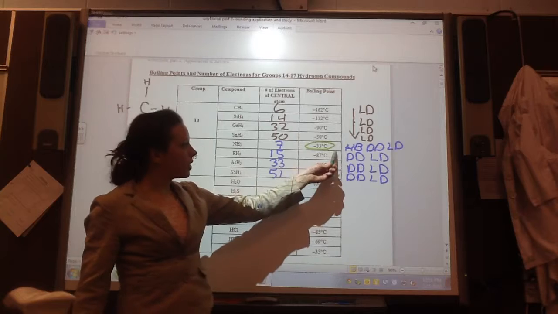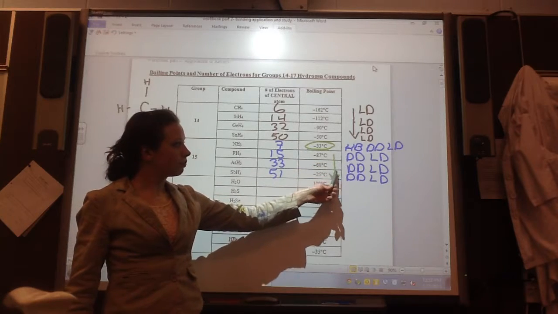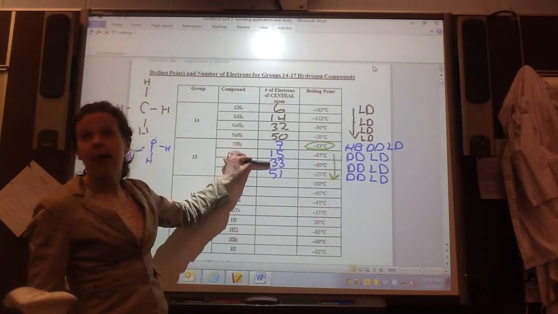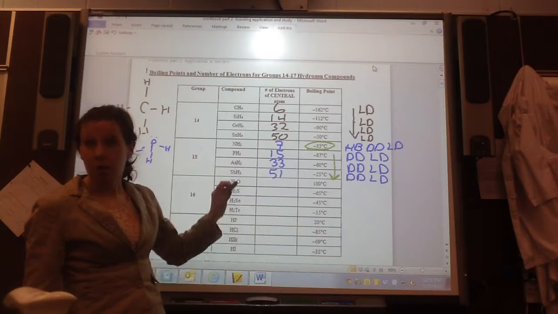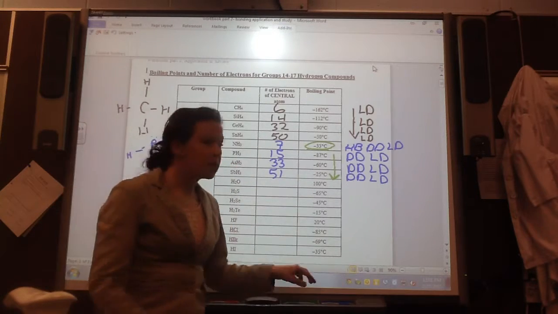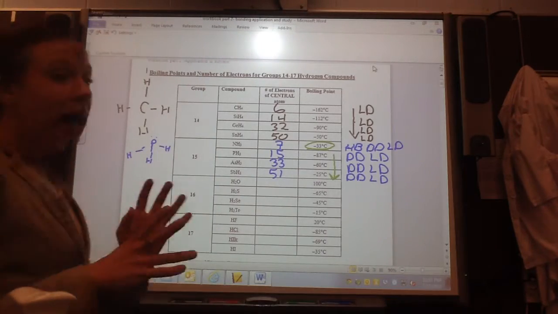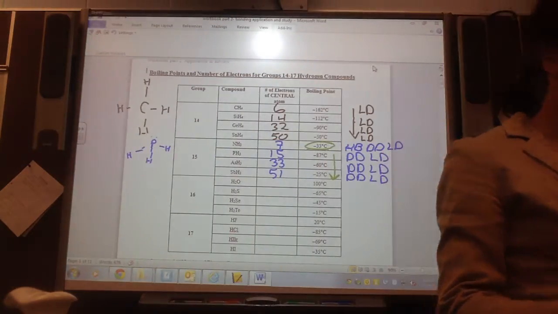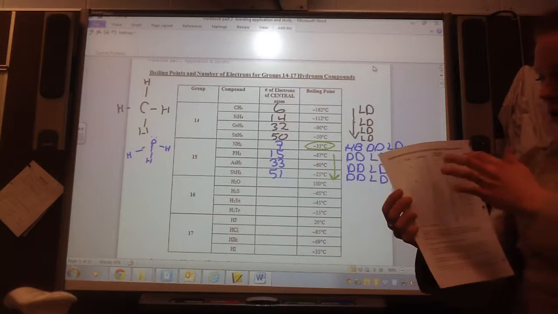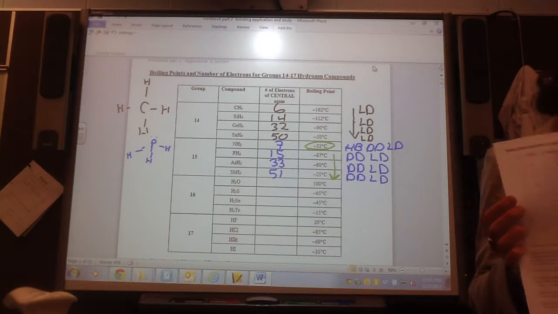And then, so why does this increase as I go down? Because my electrons are increasing as I go down, okay? So these are the patterns that I want you to see as you go through this. And also, you're going to actually take these numbers and put them on the graph.